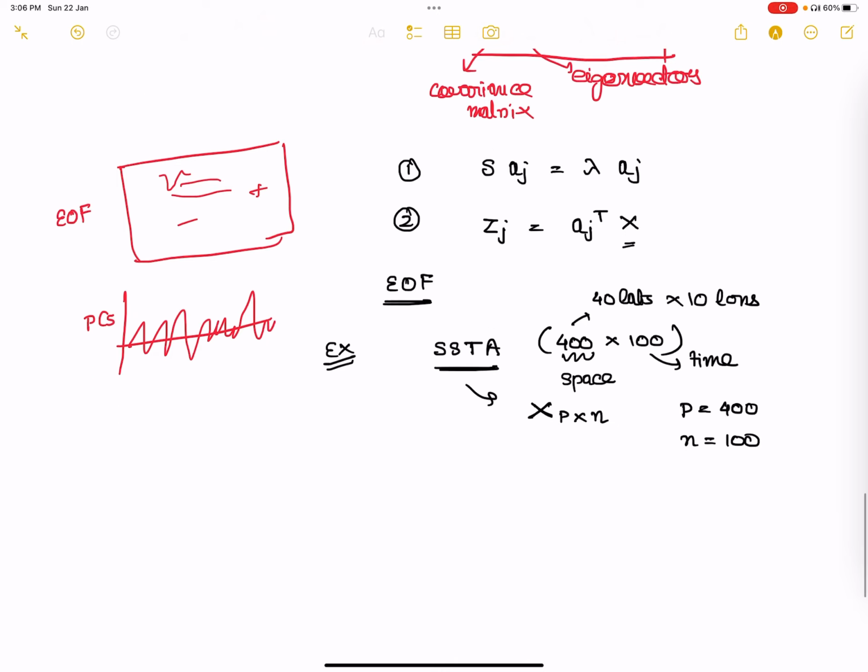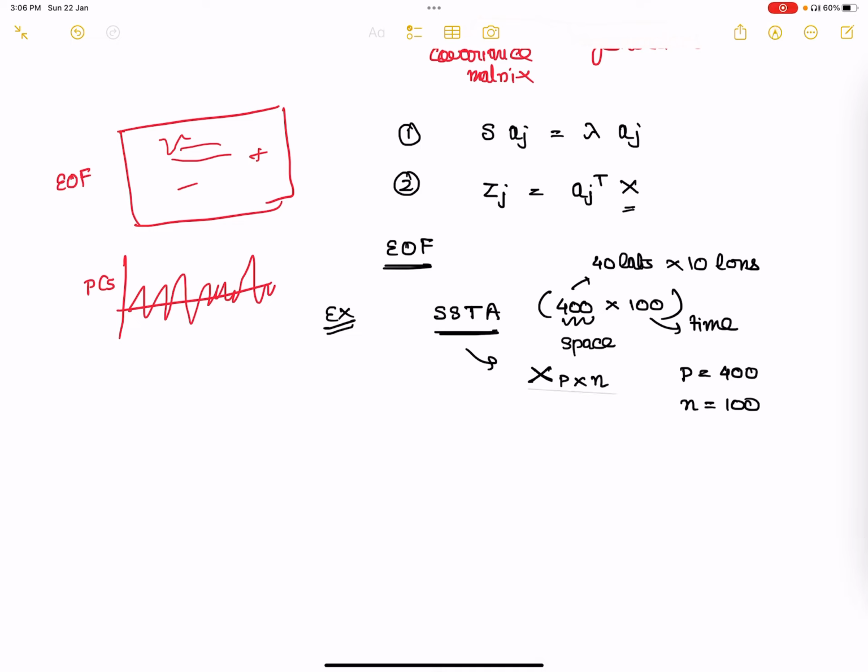Now everything is understood properly. Let us consider the first equation: S aj is equal to lambda aj.